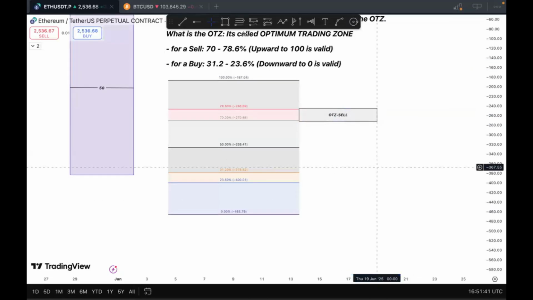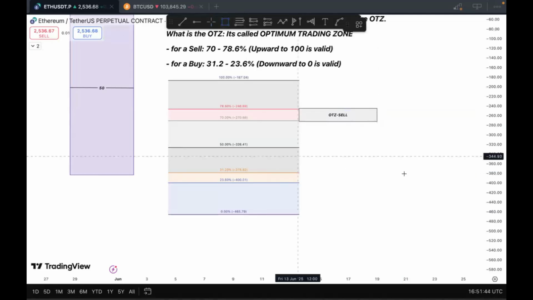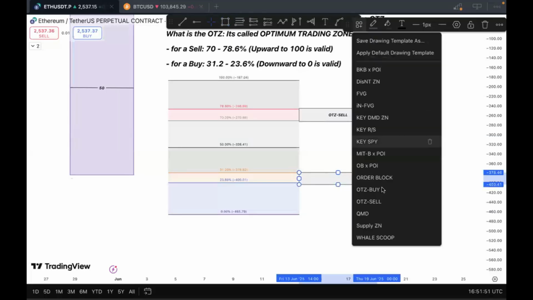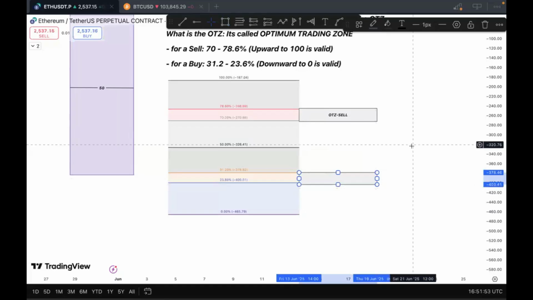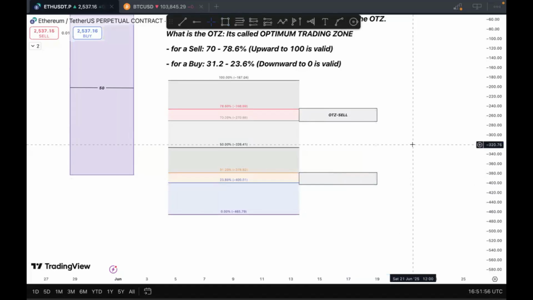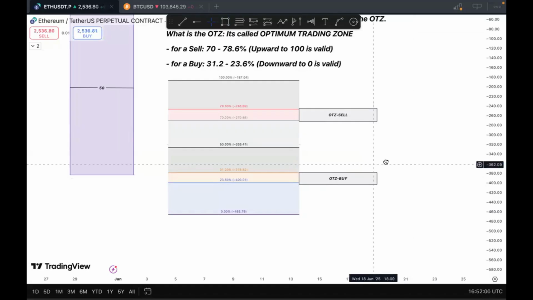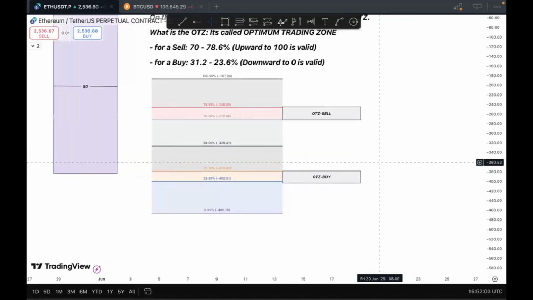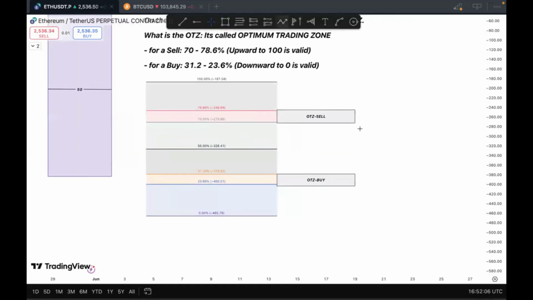And we have OTC buy. So we have the OTC sell and we have the OTC buy. Can you see? So what I want to see is I want to sell from this zone.